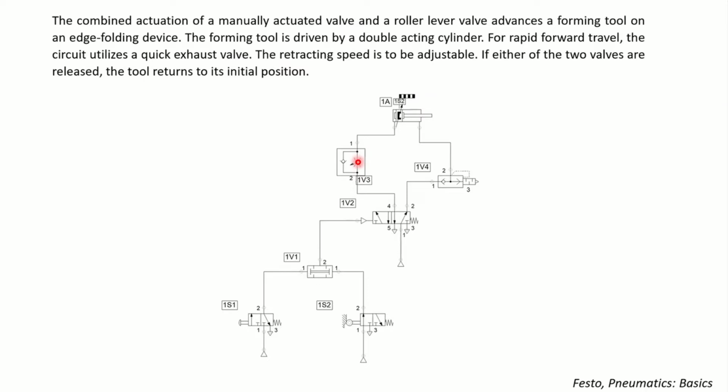Depending on how much opening we have for this throttle, the air can pass and the speed can be controlled, the speed of the piston. So that is how, with the use of a quick exhaust valve and throttle check valve, we can control the speed of the piston inside a double acting cylinder.